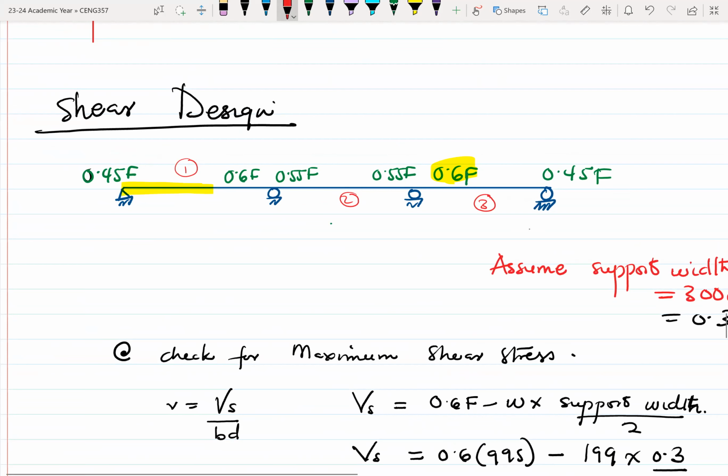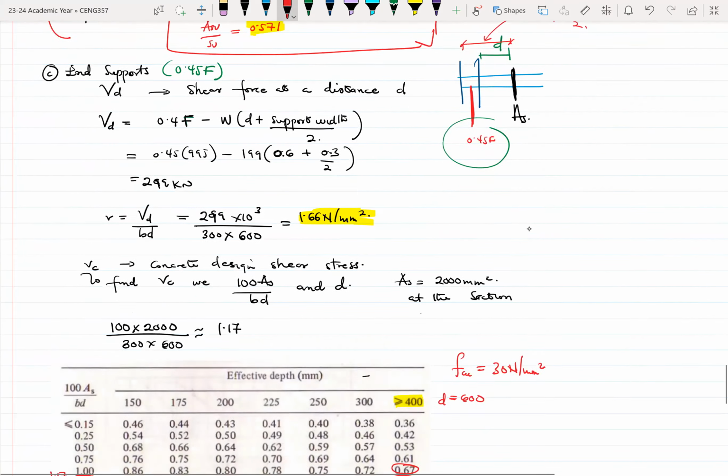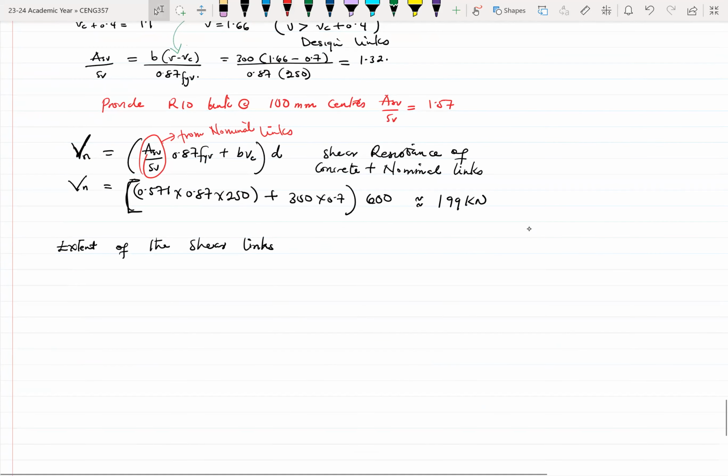So for this zone, we want to know how far we should go with the shear link. Is it all the way to the end or some distance? All right. So we want to find that distance S. And to do that, we find the Vn. So the Vn is like the shear force at one end of where your shear links end. Okay. The other end will be Vd. So that means that our S here will be Vd minus Vn, okay, over the UDL W.